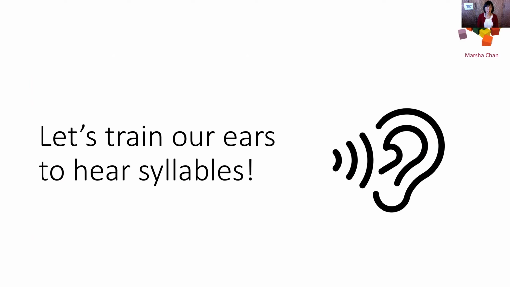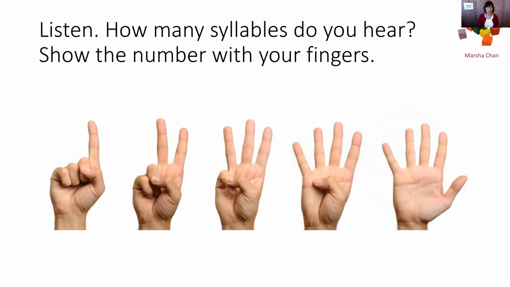Now, how about this? I'm going to give you some practice, because although you may speak English very well, it's not necessarily true that you have trained your ears to hear specific aspects of the language. So right now, what we're going to do is listen for syllables. You'll answer the question, how many syllables do you hear, by showing the number with your fingers.